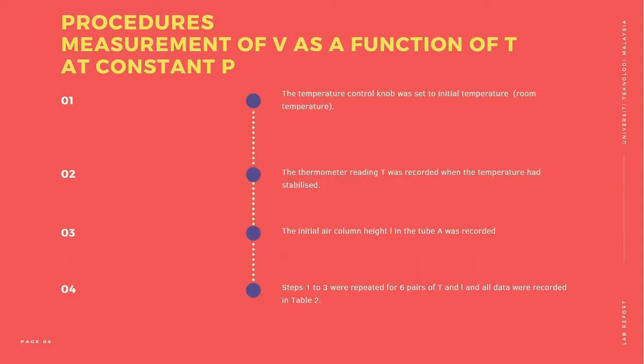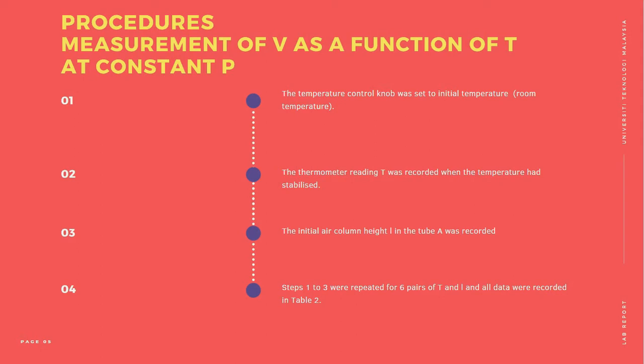Moving on to the third part of the procedure. In this part, we will focus on the measurement of volume as a function of temperature at a constant pressure, which is 101.32 kilopascal. We set the temperature control knob to the initial temperature of room temperature, which is 25 degrees Celsius.